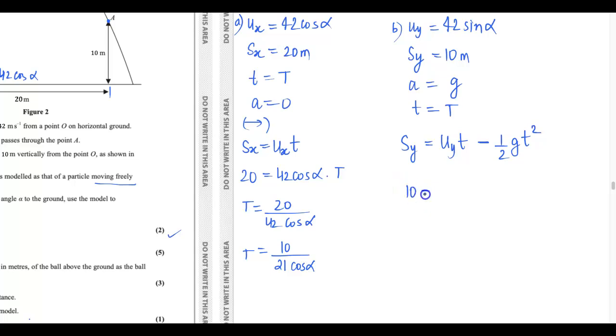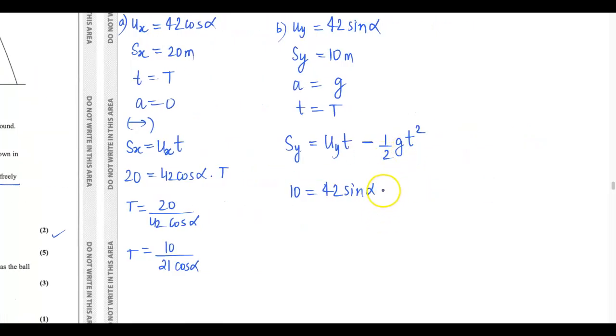So 10 is equal to 42 sin alpha. We have the value of t, so we're going to substitute it: 10 over 21 cos alpha, minus half, 9.8, 10 over 21 cos alpha, squared.